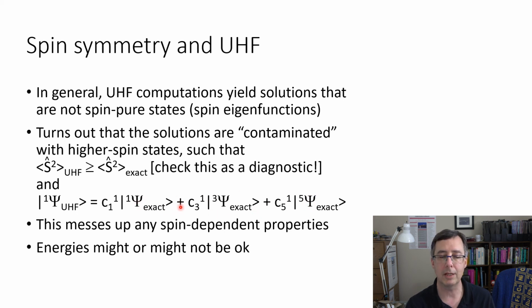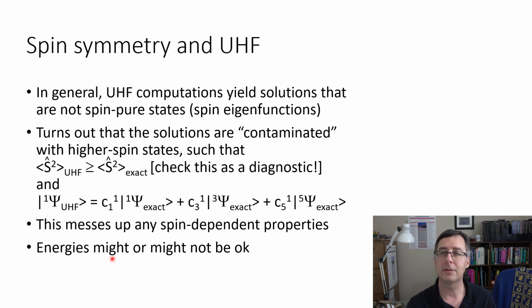So there's no doublets that contaminate a singlet, but there are triplets. And there's no quartets that contaminate a singlet, but there are quintets. So you kind of hop, like this. So if I had subsequent analysis that involved anything to do with spin, this would be bad because I would have all the wrong spins kind of mixing in with the spin I'm supposed to have. So that would be dangerous.